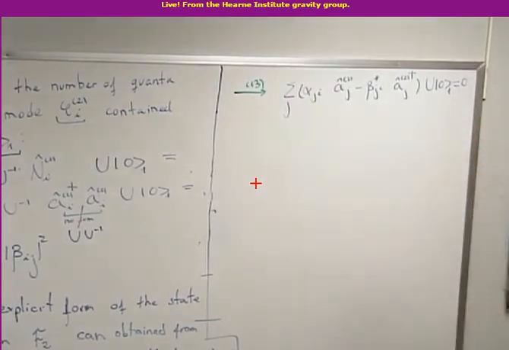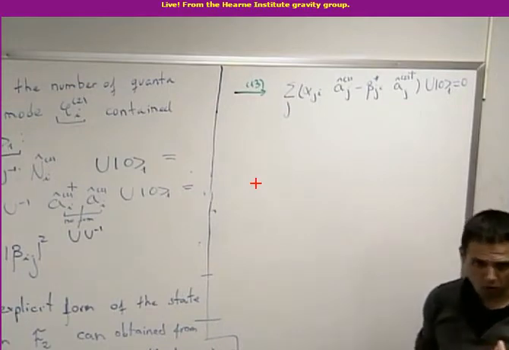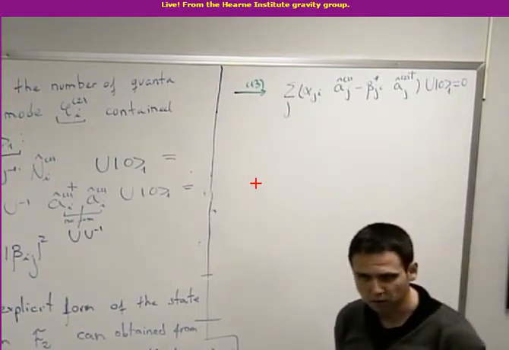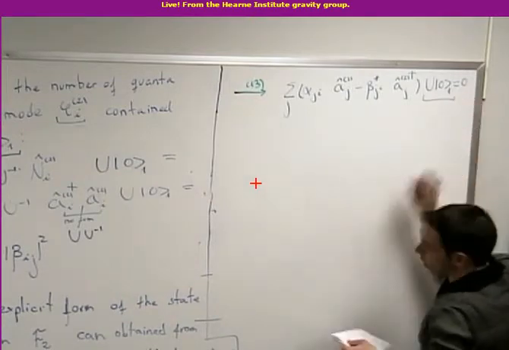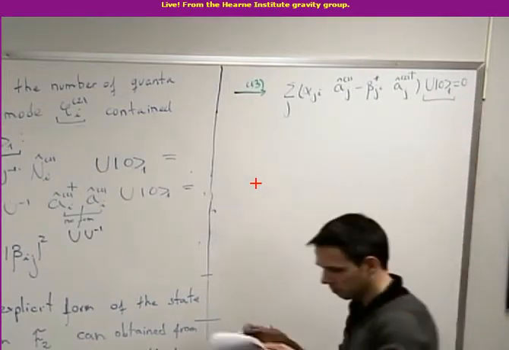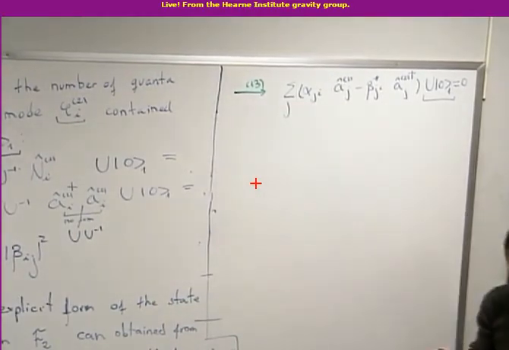And now from here, doing exactly what you did in chapter 3, one can obtain the expression for this state up to a normalization. In this case, it's a bit more difficult because you have indices, but it's exactly the same.